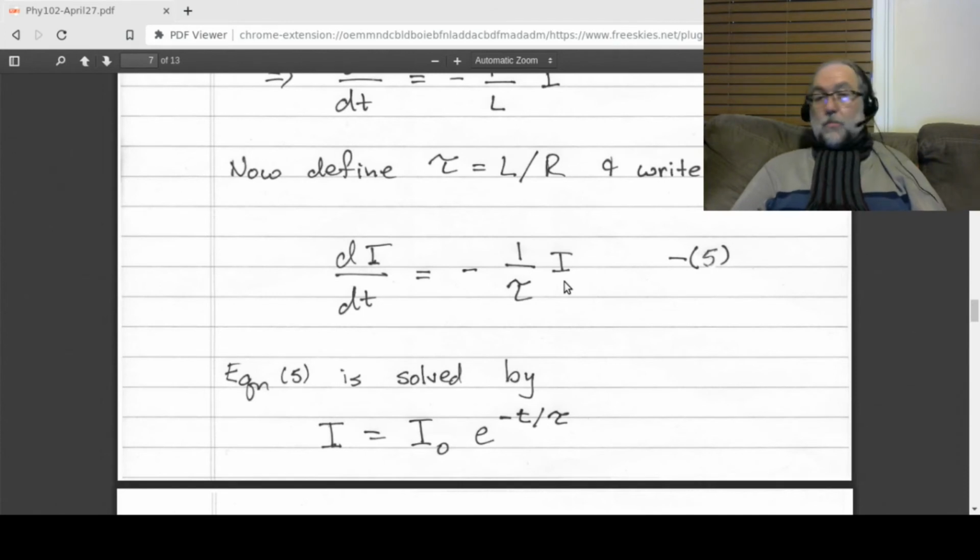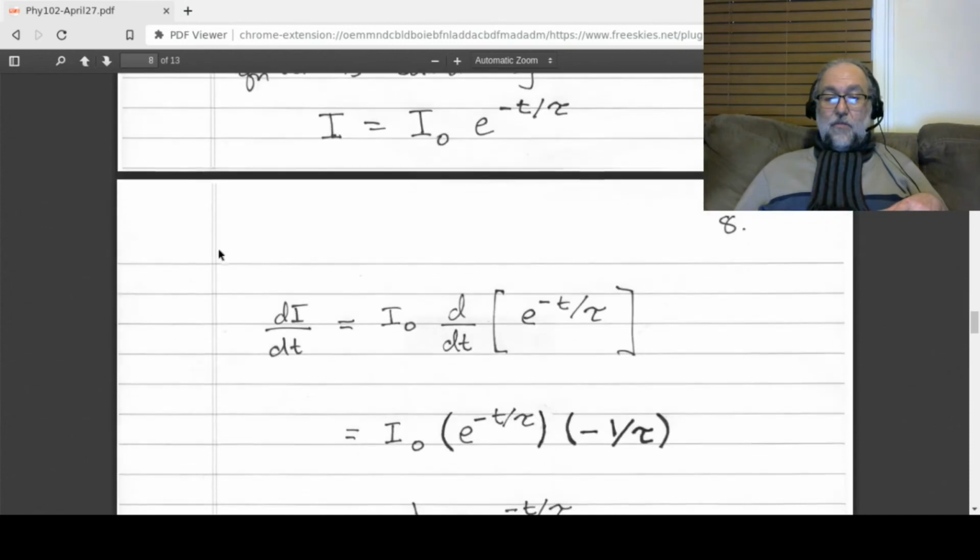Okay, and so it's pretty obvious that it's going to be solved by I. I is a function of time. I didn't write the time dependence there, but I is going to change over time. It's going to equal the original current, the current at t equals 0, multiplied by the exponential decay. And if you differentiate this in exactly the same way as above, I naught is a constant, it comes out in front.